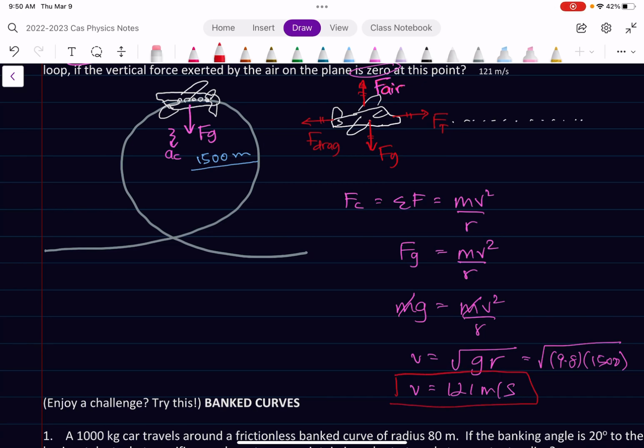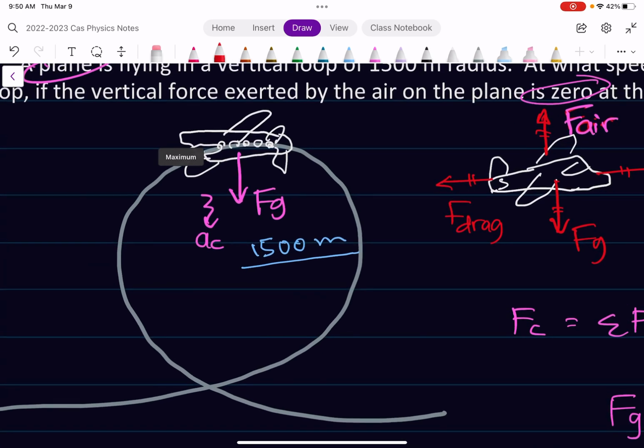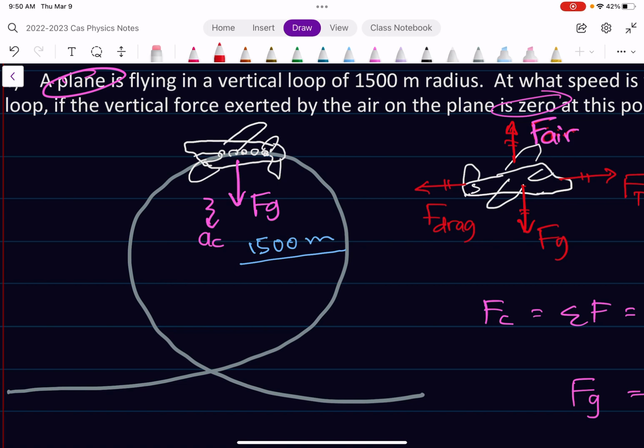So what does that speed mean? That means if this plane is going any slower, instead of making it around the circle, it's going to sort of come off. So it's going to come along here, and then it's going to sort of fall off the circle before it gets to the top. If it's going less than 121 meters per second, that's what happens.